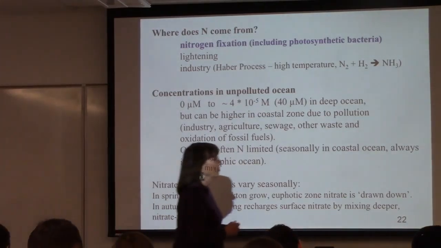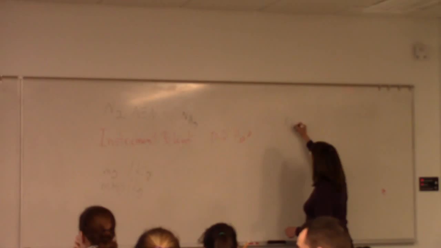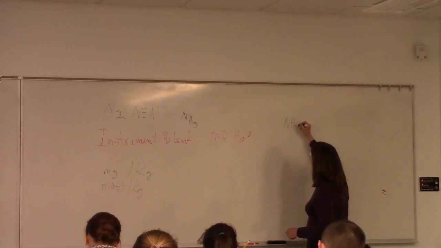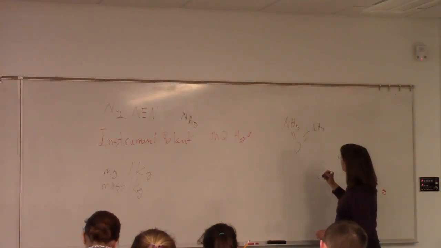There's also another form that is an excretion product. Let me see if I can get the chemical. Oh, geez, there's two ammonias. Let's see. I think this is urea.